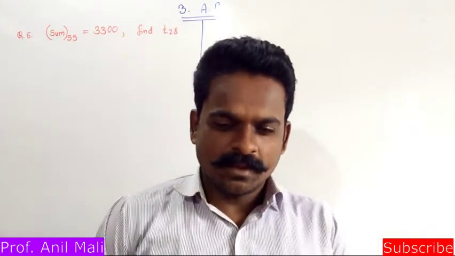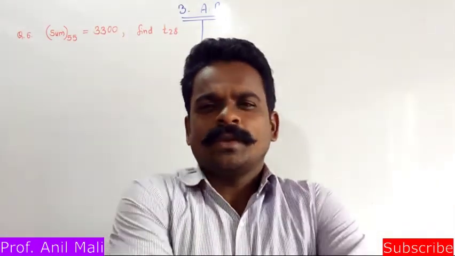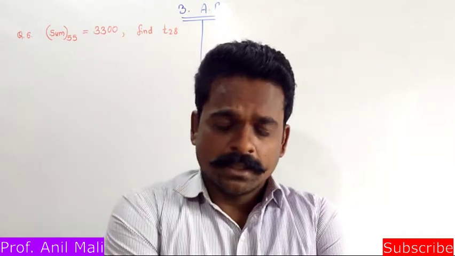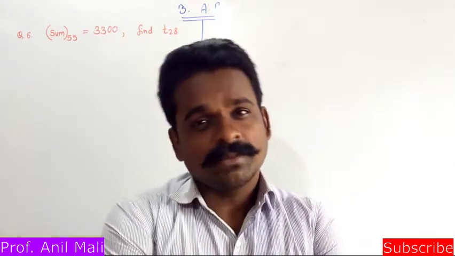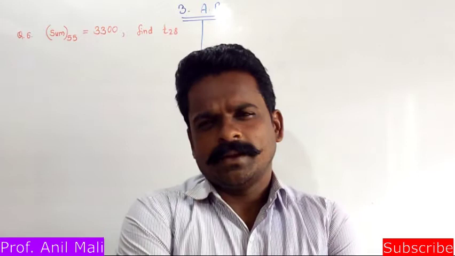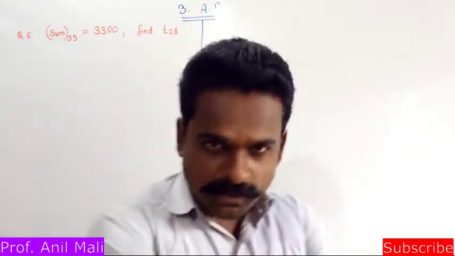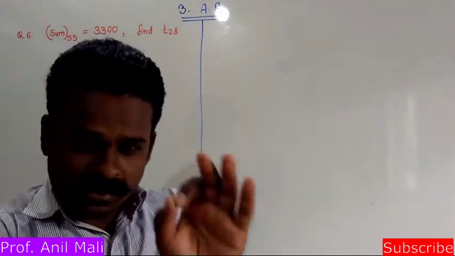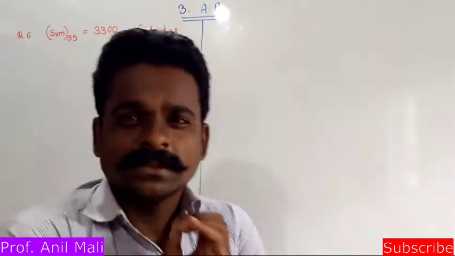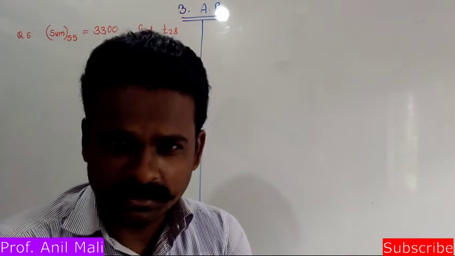Students, right now we are going to discuss the next example from your practice set number 3.3. As we know, this whole practice set depends on a single formula of the sum of first n terms.